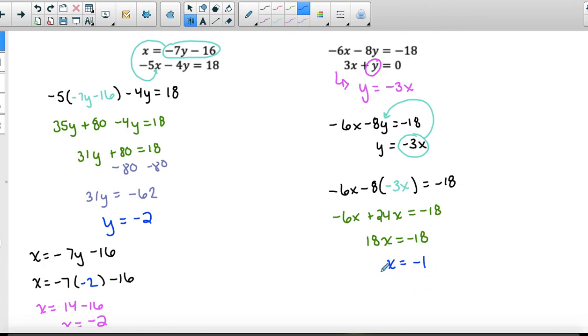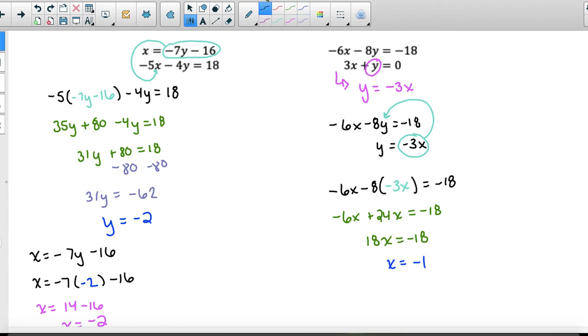Now that we have x is equal to negative 1, we can substitute that value into one of the original equations. It does not matter which equation you put it into. You can focus on which one would be easier. If I look at the top one, I would have multiple letters. But the bottom one, I would plug in the negative 1, and then I could just solve for y easily.